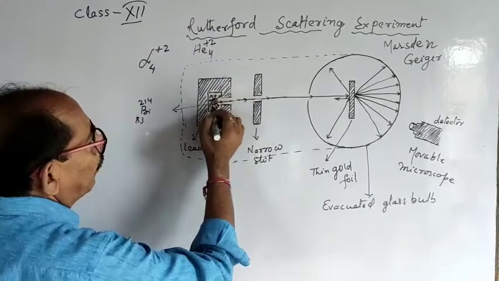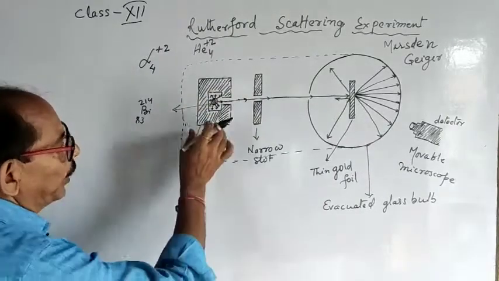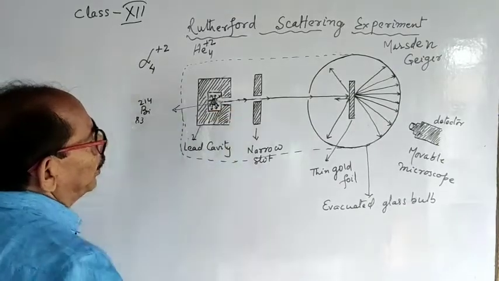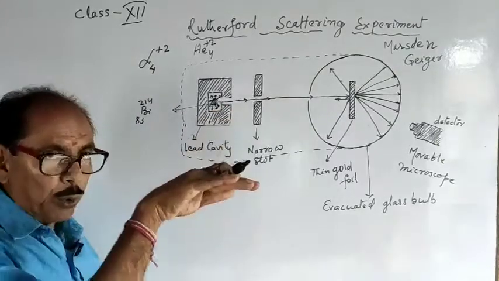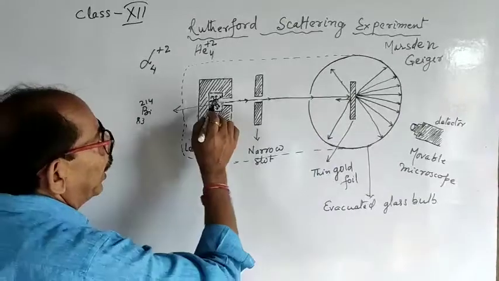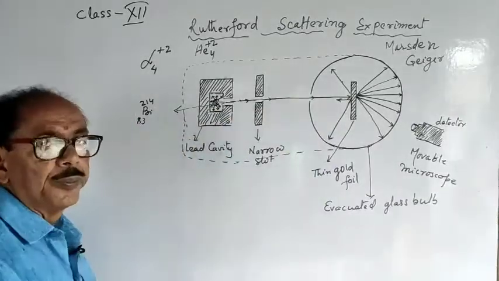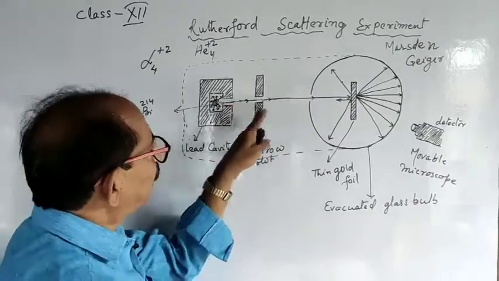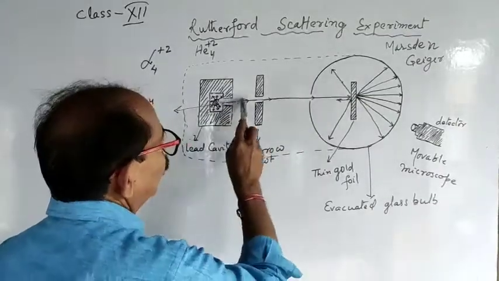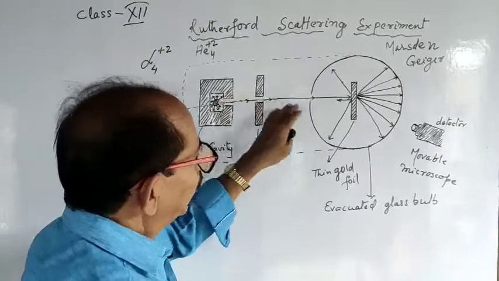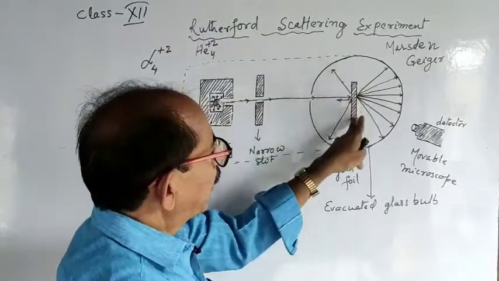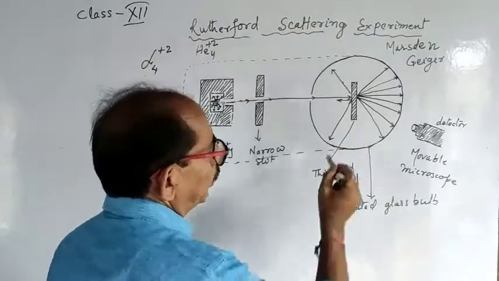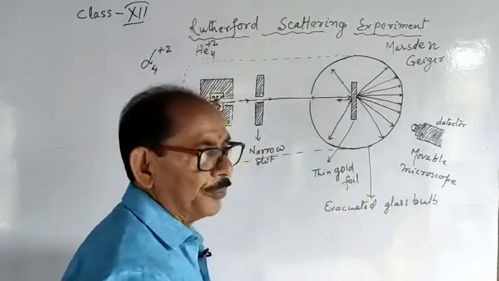All these alpha particles are absorbed by the lead. Only those alpha particles which are emitted in the direction of the hole pass through. These alpha particles pass through the narrow slit, and the beam strikes the thin gold foil. This is the thin gold foil.